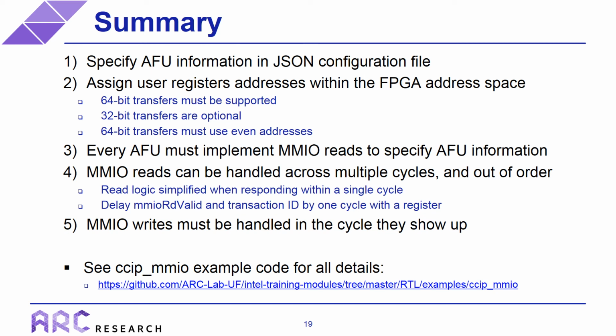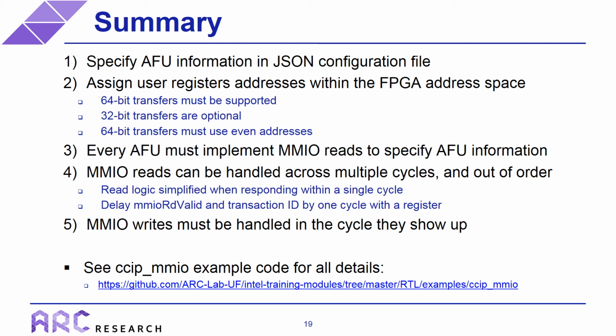What we saw is that 64-bit transfers have to be supported because there is information about the AFU that has to be returned for any AFU. You can optionally implement 32-bit transfers if you have a reason to. But if you do use 64-bit transfers, you have to use even addresses because the addresses are for 32-bit words.